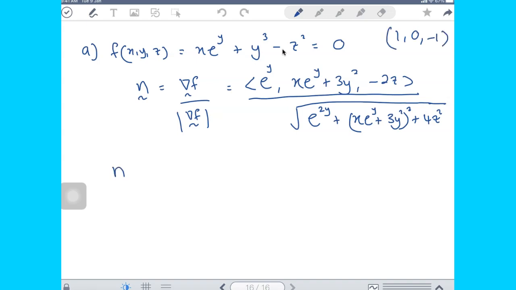Since the value is given at the point 1, 0, minus 1, you can obtain the normal vector at the given point by substituting x equal to 1, y equal to 0 and z equal to minus 1.